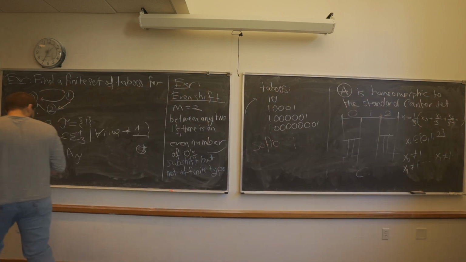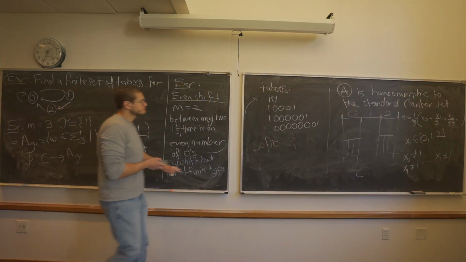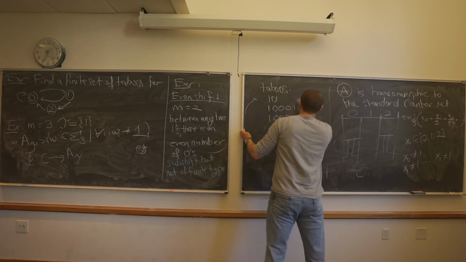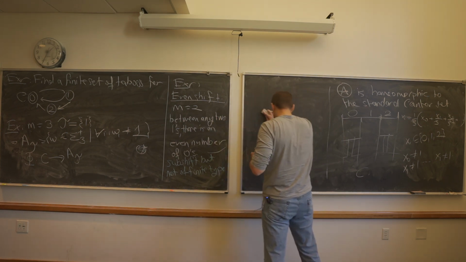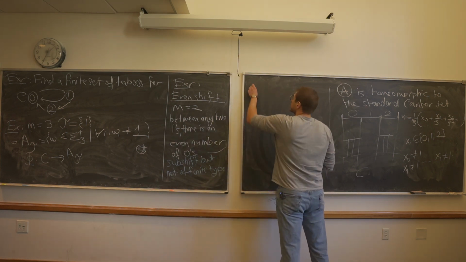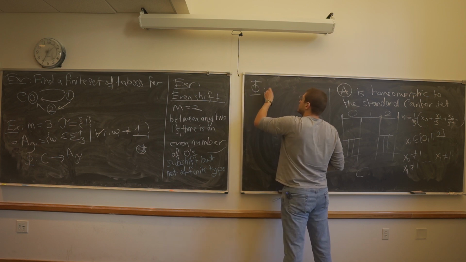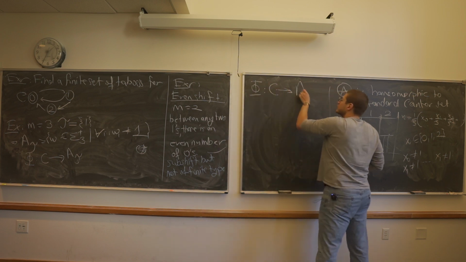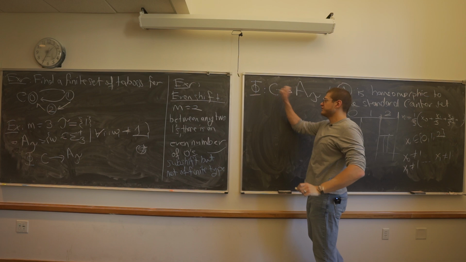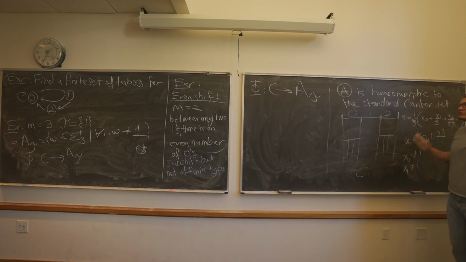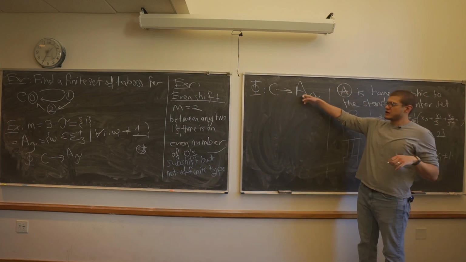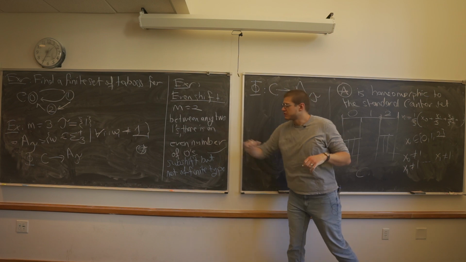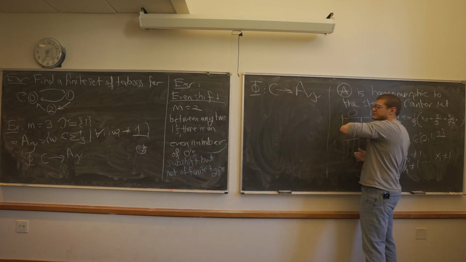Maybe I should be more explicit about this. Okay. This is a standard Cantor set. It's a subset of the interval. And this is this subshift, which is a subset of the shift space.